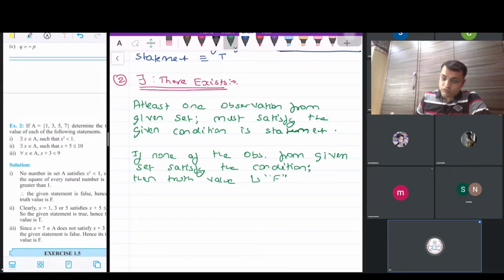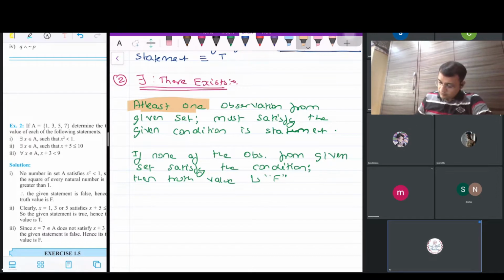Otherwise, it has to be true because we have very clearly mentioned here at least one. So suppose there are 5 values and only one or two values are satisfying the given condition of the statement, still I can consider the statement to be true.